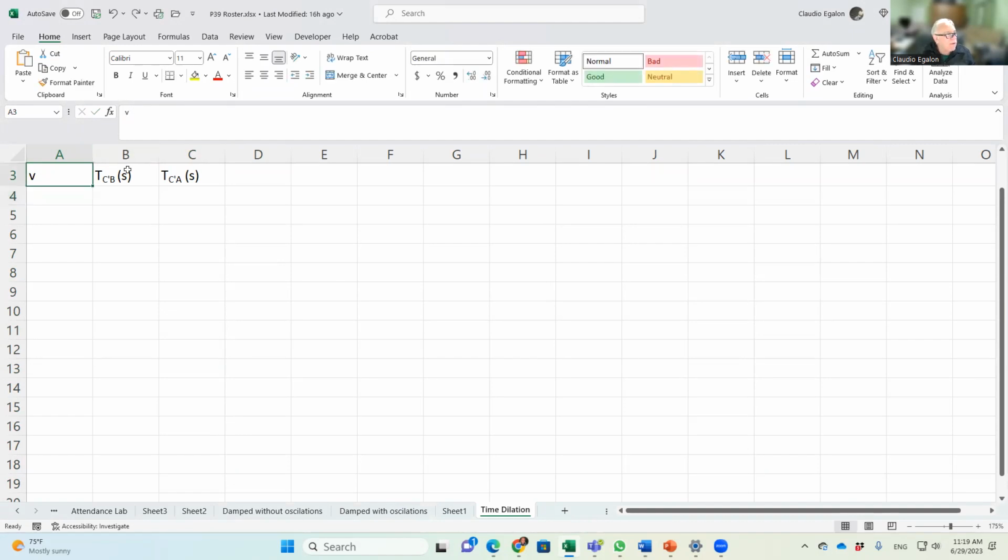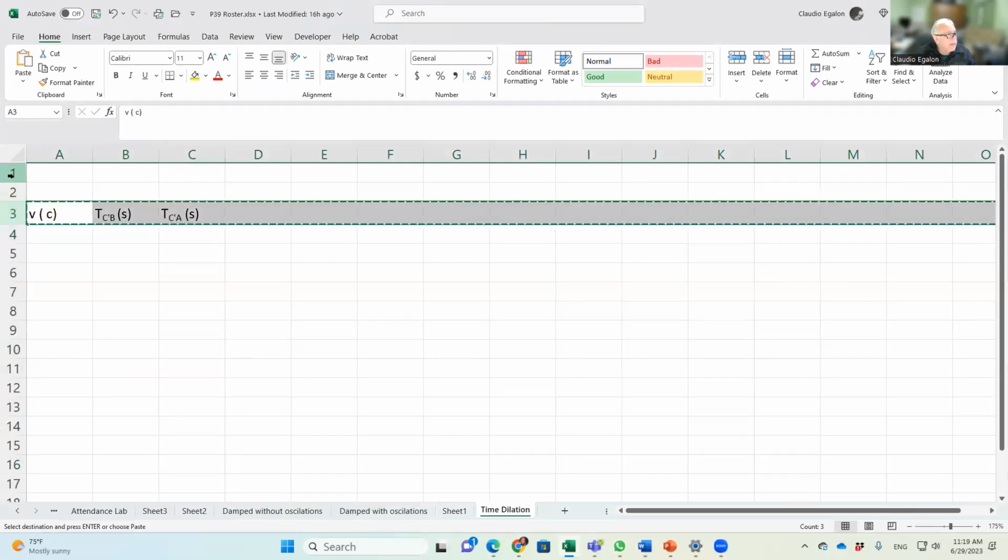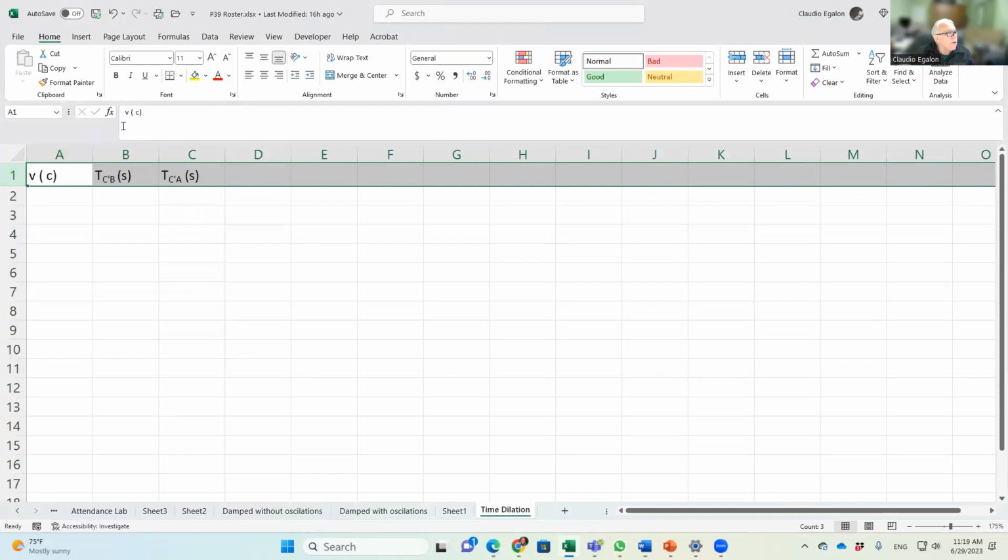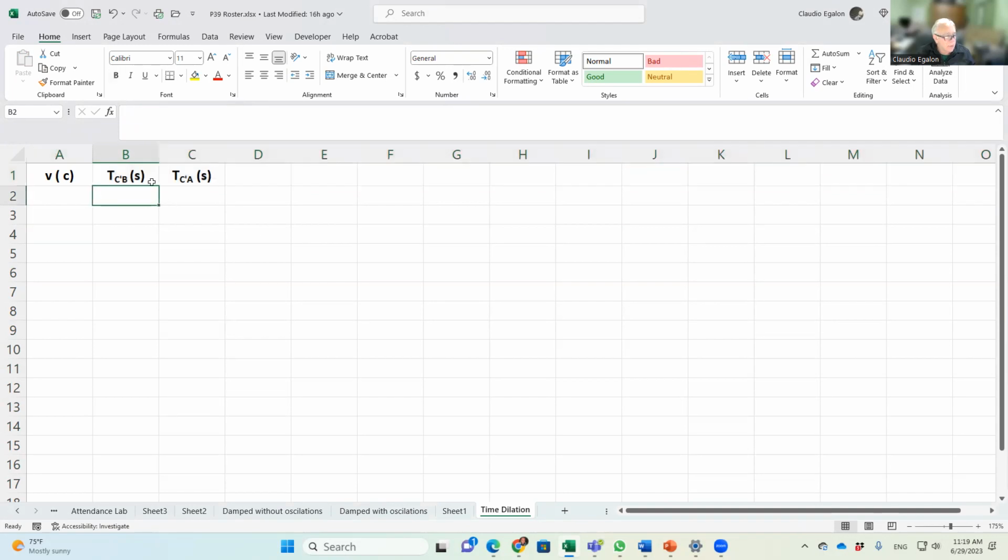Uh-oh, not the copyright symbol. Okay, now I'm clicking. Here you go. In terms of, oh, this one's supposed to be here. Like that. Let's say the period of the clock in the proper referential is 1 second.